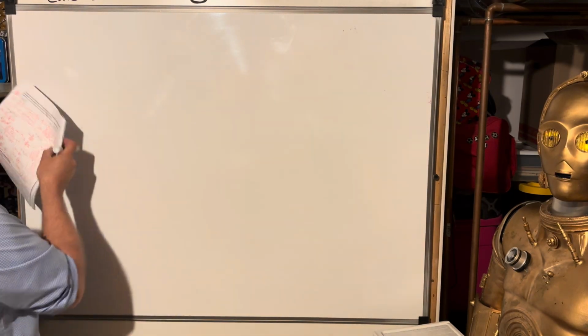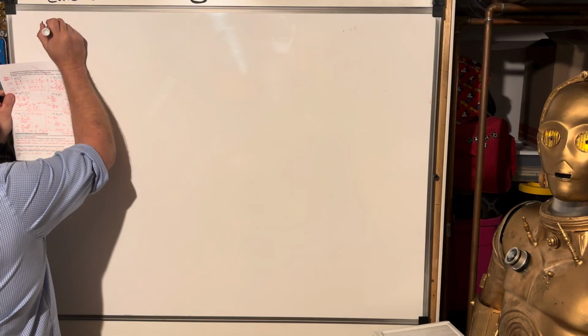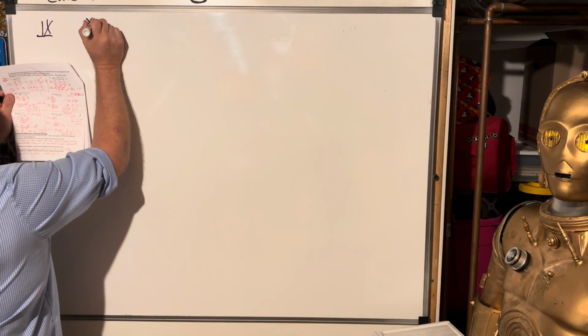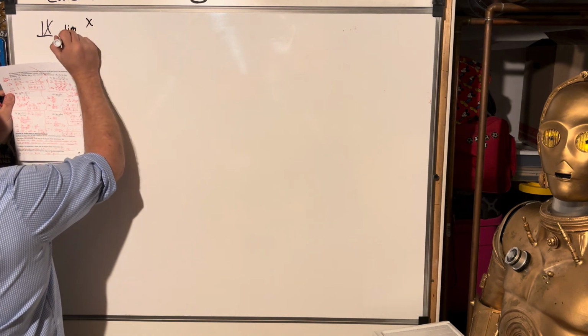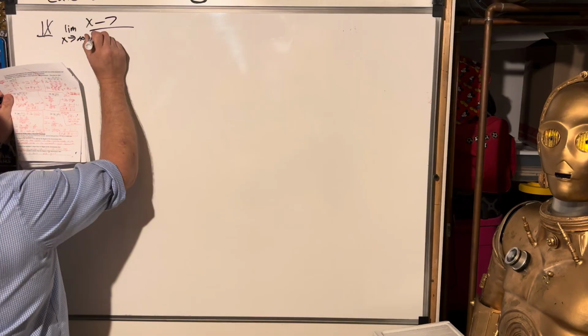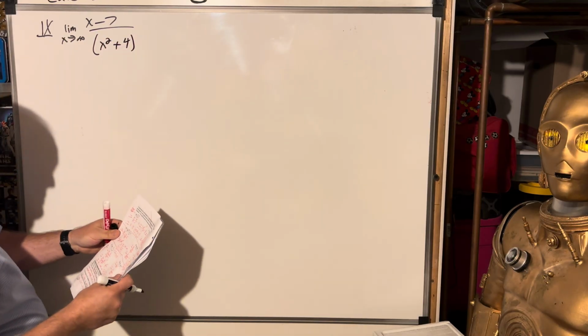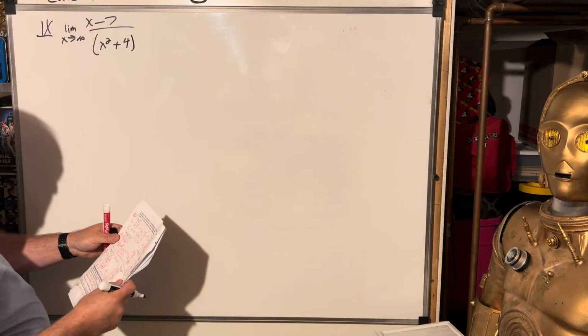So let's take a look. We've got the limit as x approaches infinity of x minus 7 over x squared plus 4 to the 1/3 power.